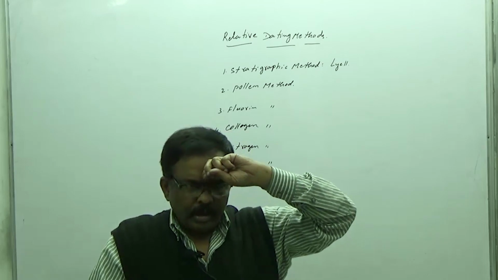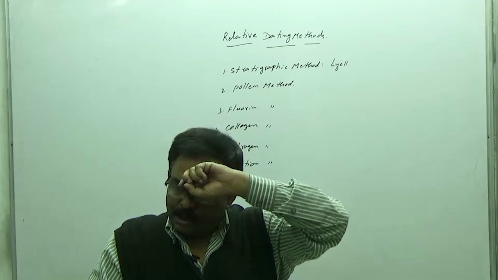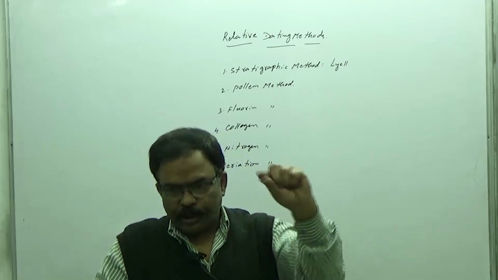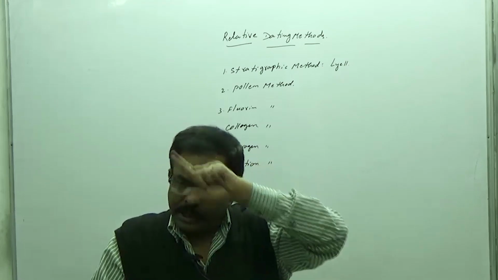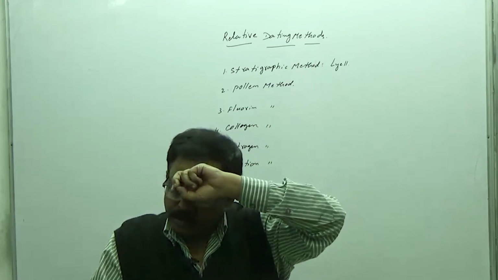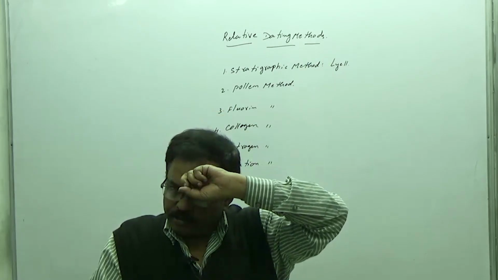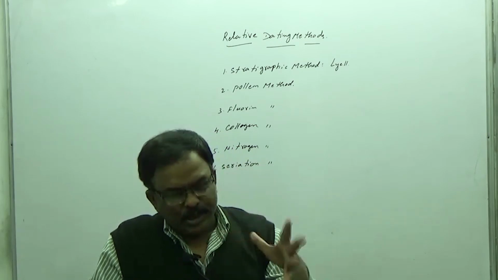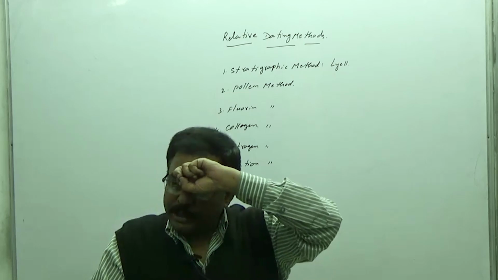At the same time, the C14 method, carbon dating method, can trace only up to 50,000 BP, before present only. So each and every method has its own limitations.